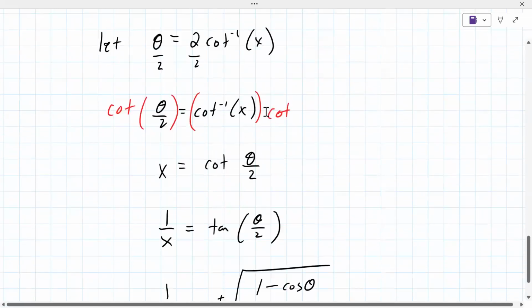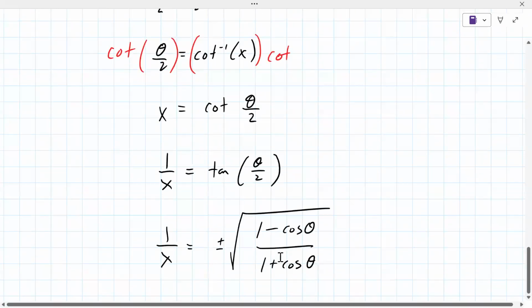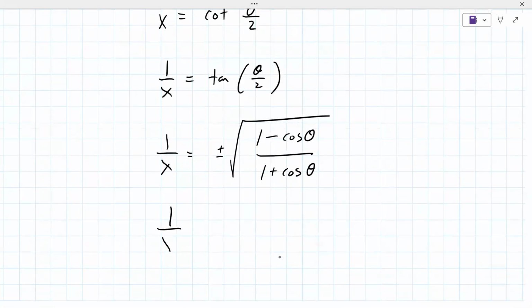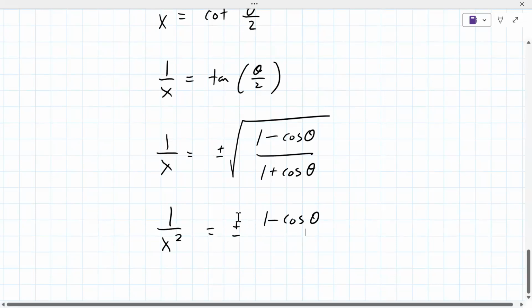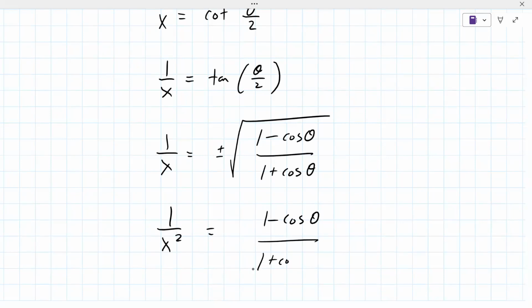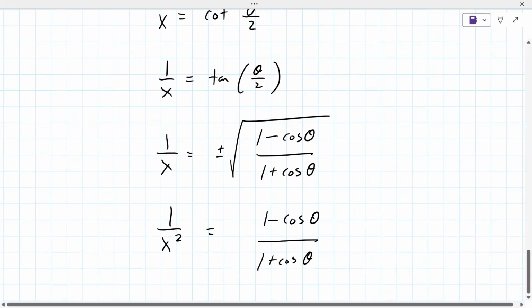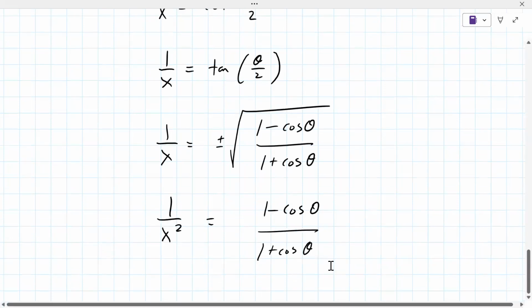But because you want secant of theta, we might be able to get it out of this. So this is 1 over x squared equals 1 minus cosine theta over 1 plus cosine theta. The plus or minus goes away. Yeah, this is really, really awful.